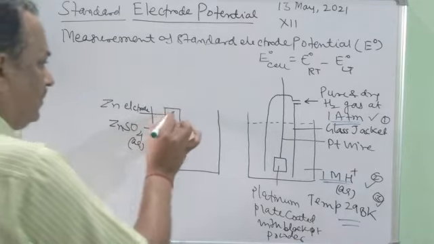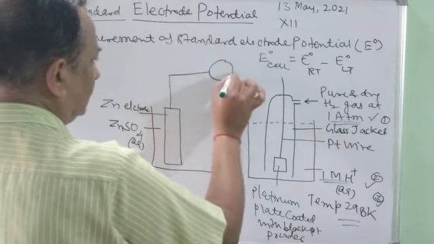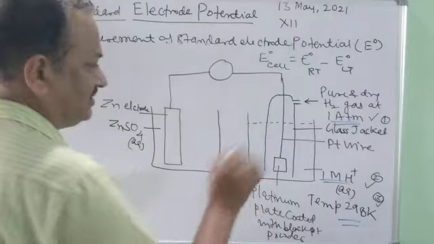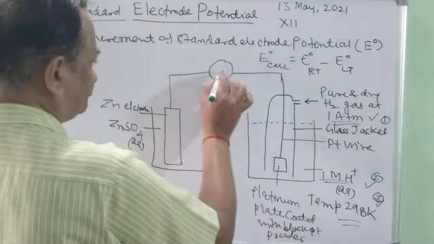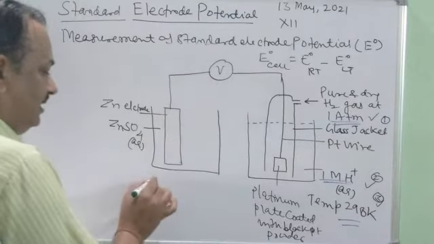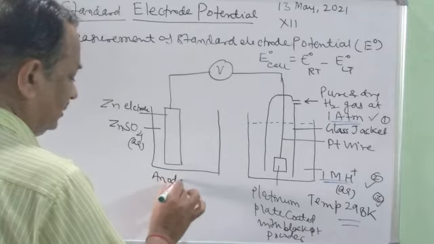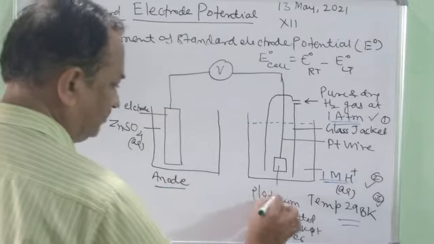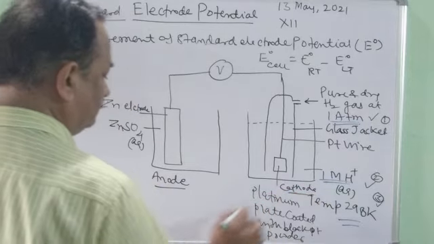and now it is connected to this SHE or reference electrode, and here we have the voltmeter. So as it is anodic, it is the anode, and this will act as cathode.